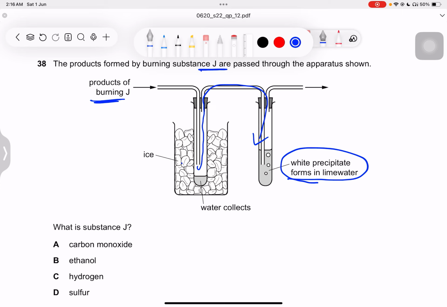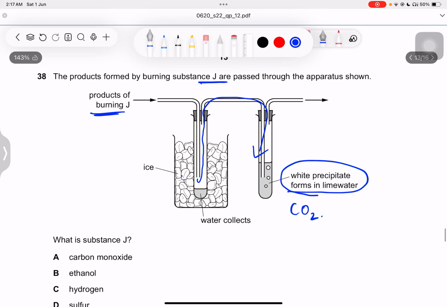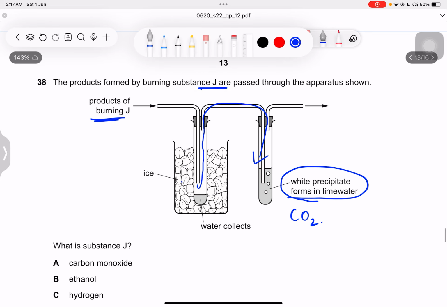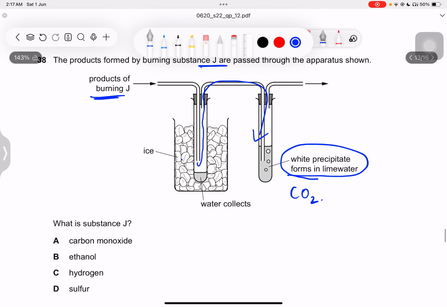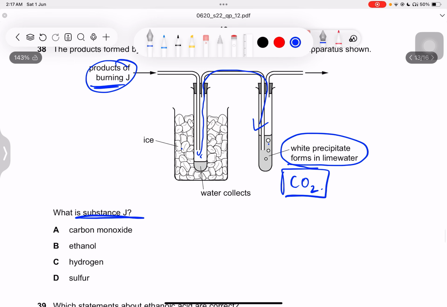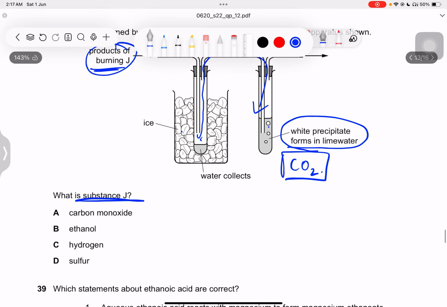So this is either due to carbon dioxide or due to... let's look at the question again. The products formed by burning substance J are passed through the apparatus shown. Okay, so this is carbon dioxide, and when we burn J, this is the product which has gone over here, and it is asking about J. What is J? So which substance, when it is burned, produces carbon dioxide? This is the question.